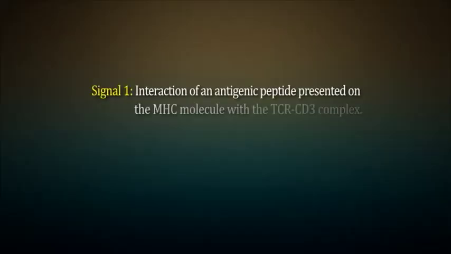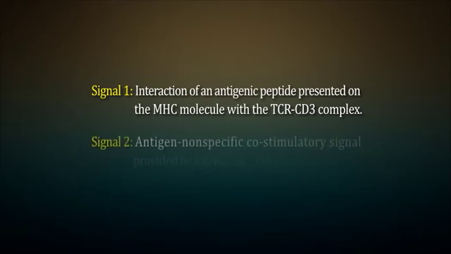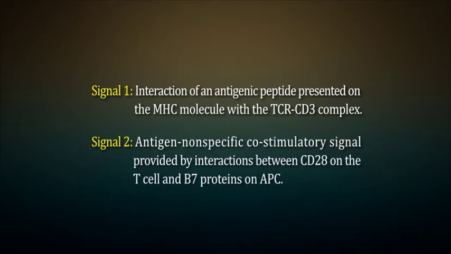Signal 1, interaction of an antigenic peptide presented on the MHC molecule with a TCR-CD3 complex. Signal 2, an antigen non-specific co-stimulatory signal provided by interactions between CD28 on the T cell and B7 proteins on the APC.